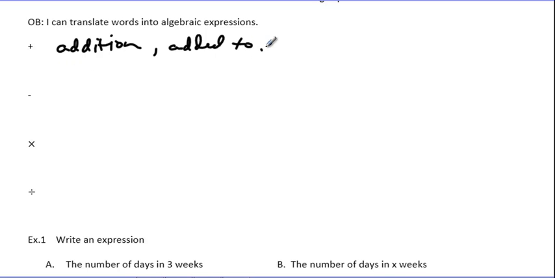We have also learned in the previous lessons that we could use the words the sum of. And I am going to put some parentheses around the term the sum of, and I'll talk about why I did that later on.